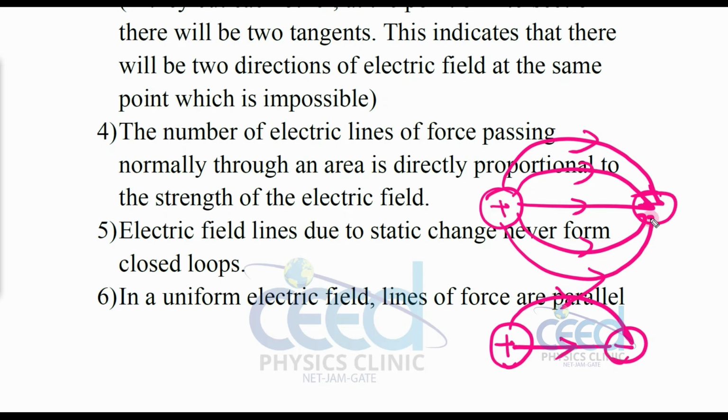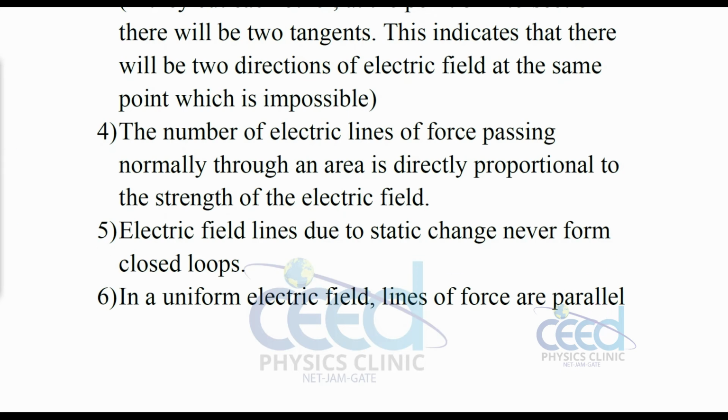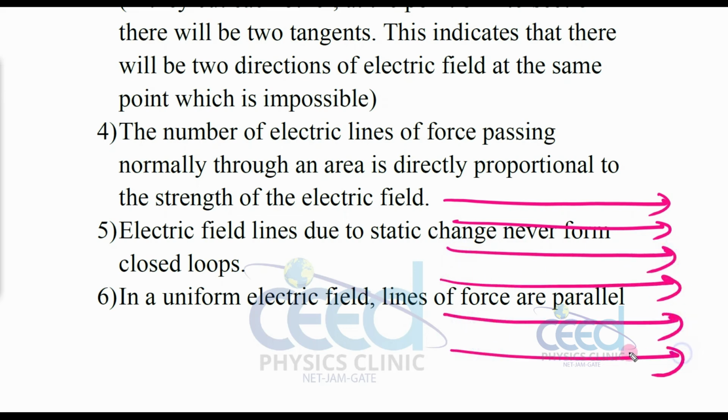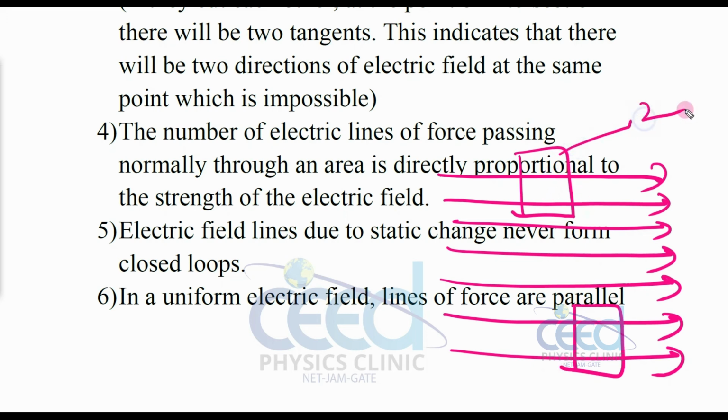Now another property is that in a uniform electric field, the electric field lines are parallel. If you consider a particular area, the same area in two places, the number of field lines crossing this area is 2 and the number crossing that area is 2.